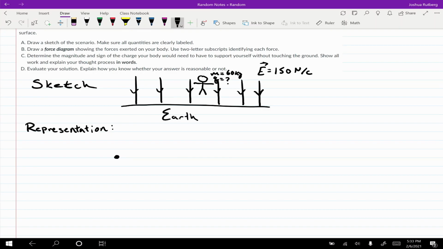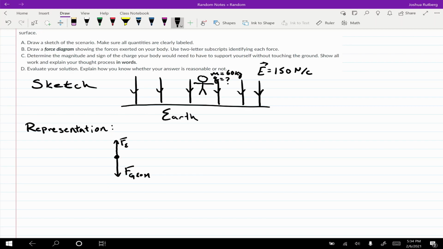So we start with our dots. We know that the Earth is pulling down with gravity. Let's make that a little bit smaller. So the gravitational force that the Earth exerts on me. And what's balancing that? Well, if I'm not touching the ground, then the only thing that could be supporting me is the electrical force.